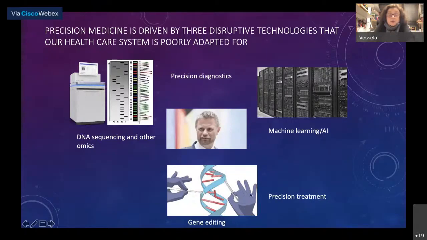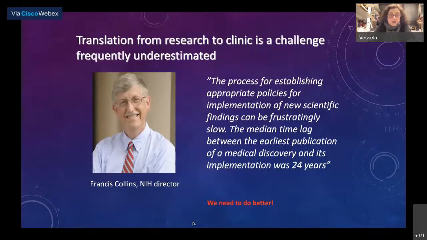So hopefully we'll be able to know so much about these mutations with such certainty that we can approach them with gene editing, which methodologically is again completely approachable. And this is Francis Collins, who was at the very core of the Human Genome Project, where I actually started my presentation, who also says that all this, although scientifically possible, requires the appropriate policies for implementation.